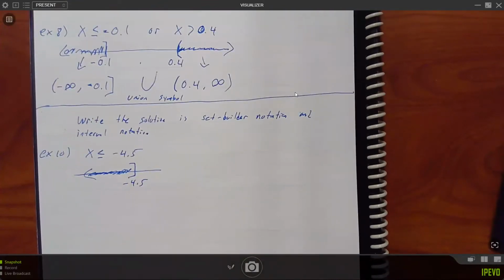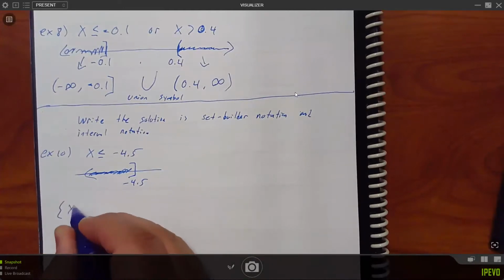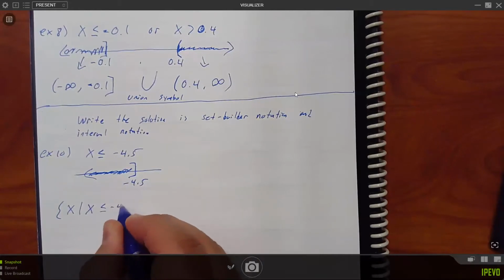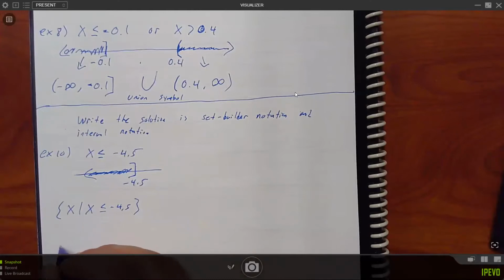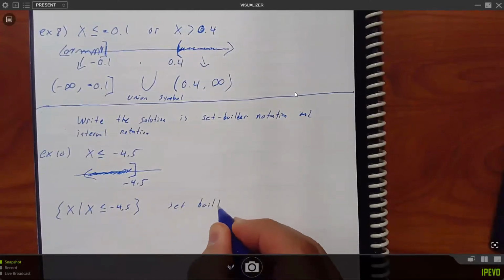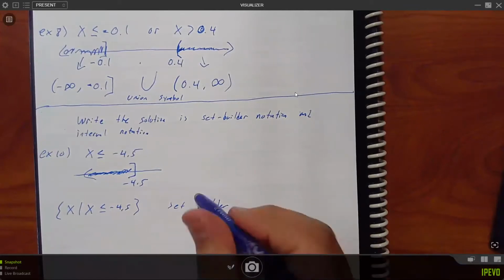Now the set builder is going to be this one. So x such that x is less than or equal to negative 4.5. And then the interval notation, so this is set builder. Wrote that out, messed up.